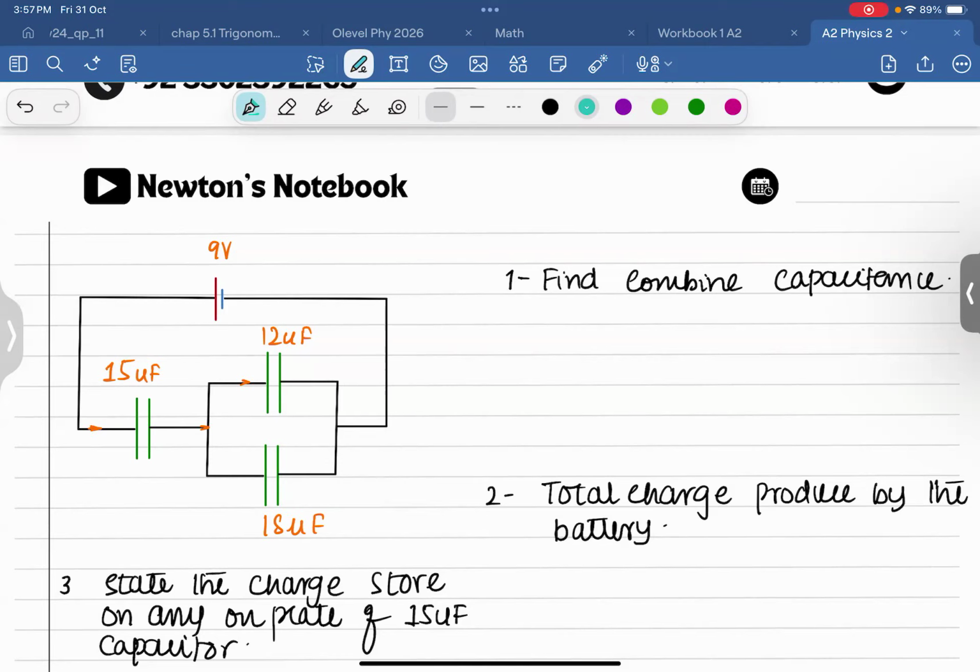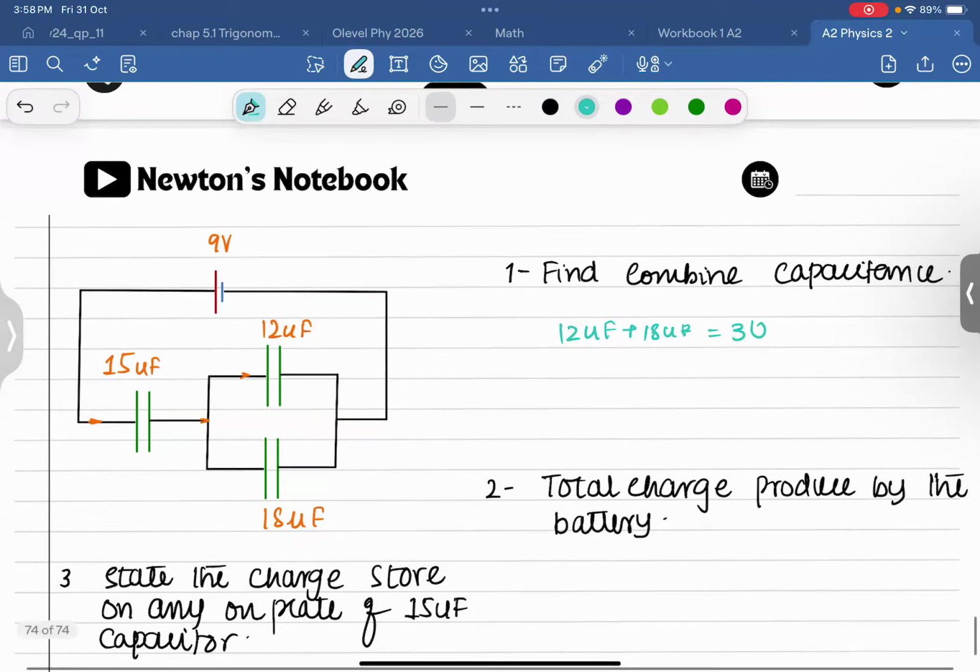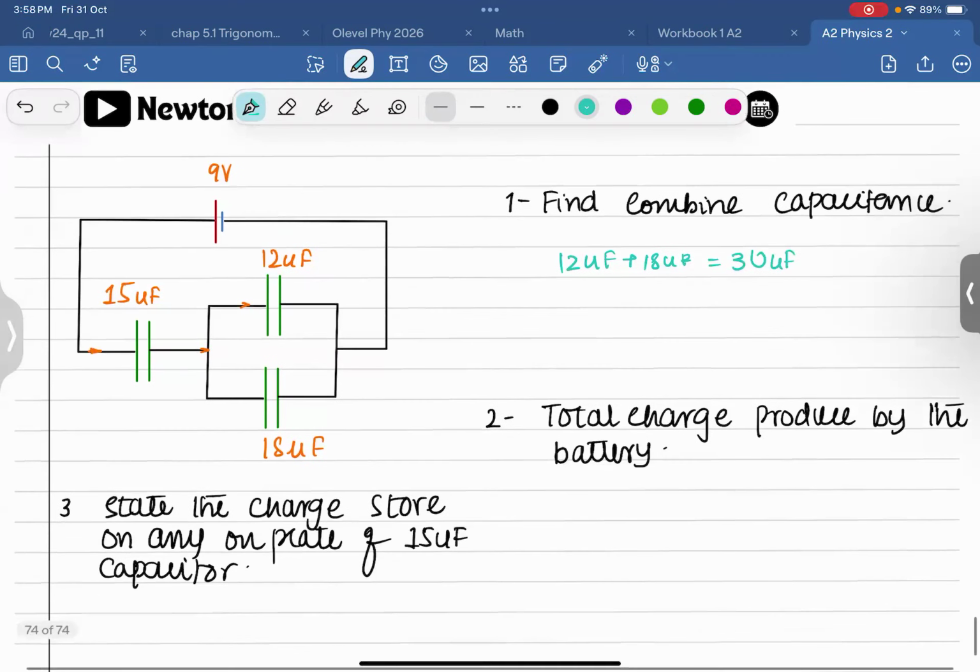So if I have to find the combined capacitance, you have to sum up the capacitances in parallel, and that 30 microfarad becomes in series with the 15 microfarad.